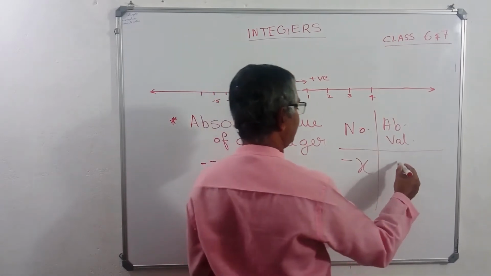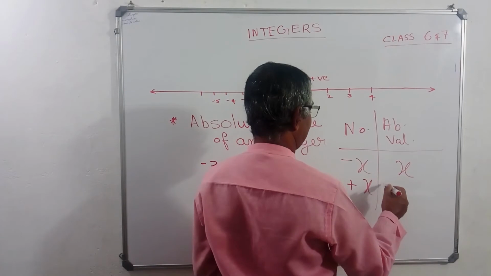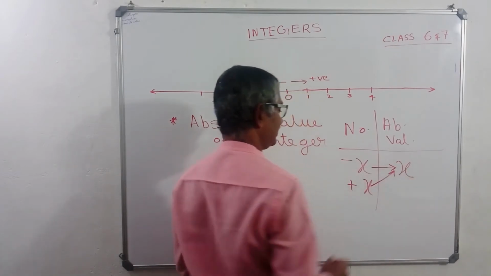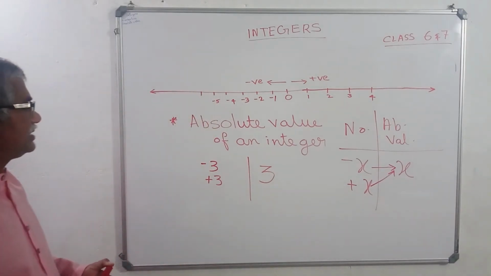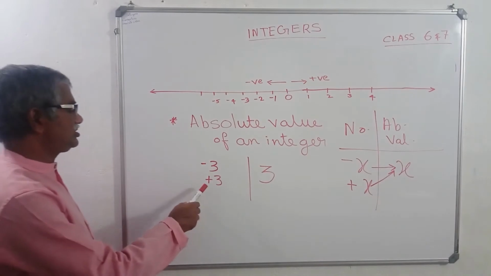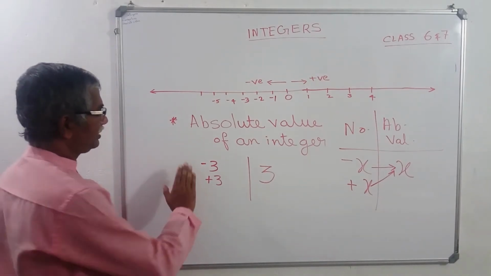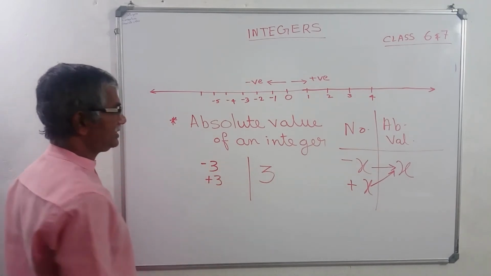Its absolute value is x. Consider positive x. Its absolute value is also x. So what is absolute value? Simply, consider a negative integer or a positive integer. If we remove its sign, what we see is the absolute value.